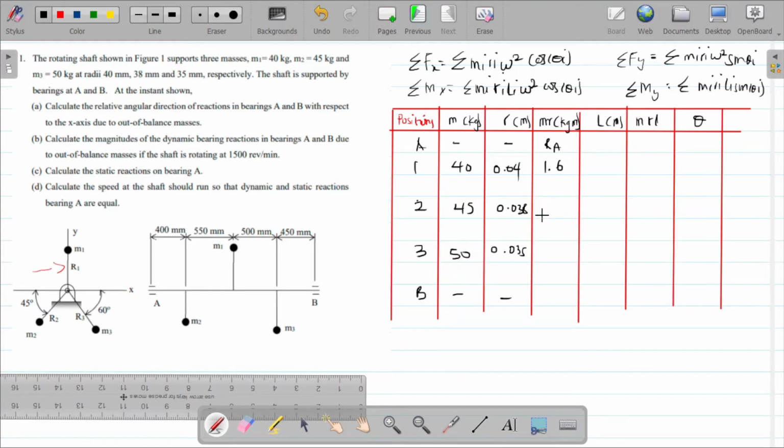The next one, 45 times 0.038, that is 1.71. Then we have 50 times 0.035, we have 1.75. And then we have RB here.